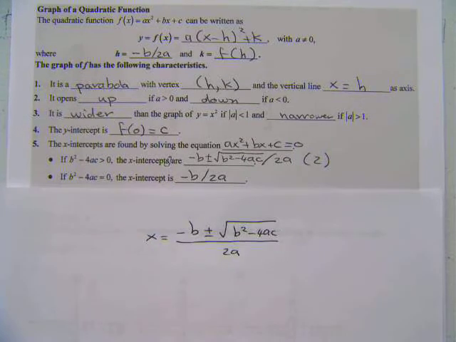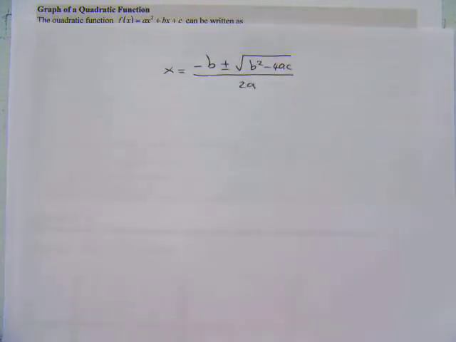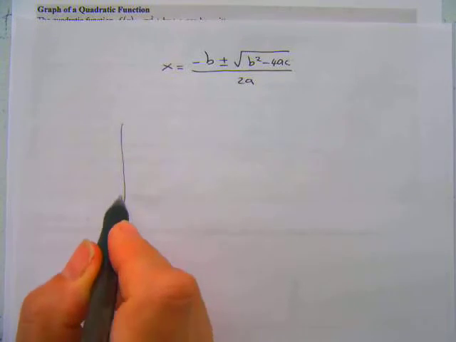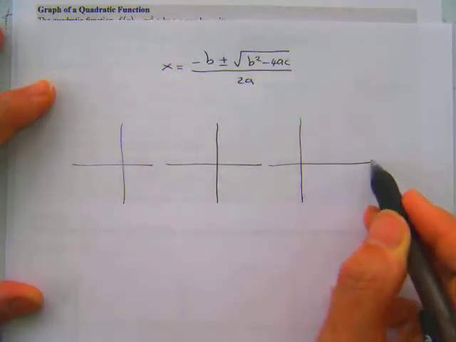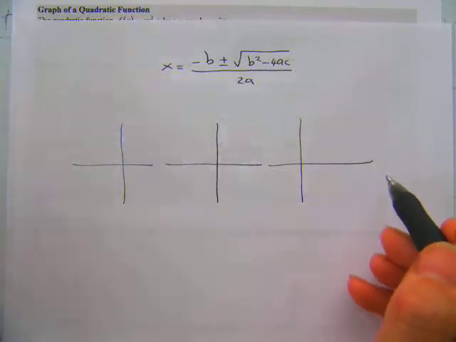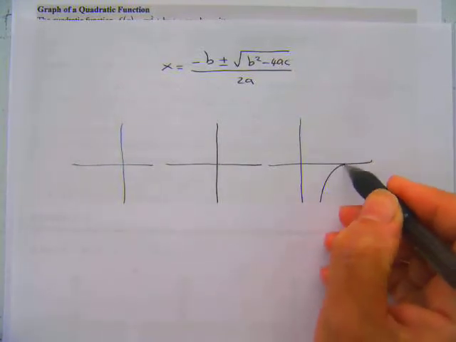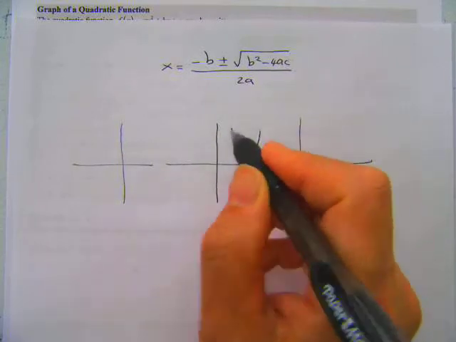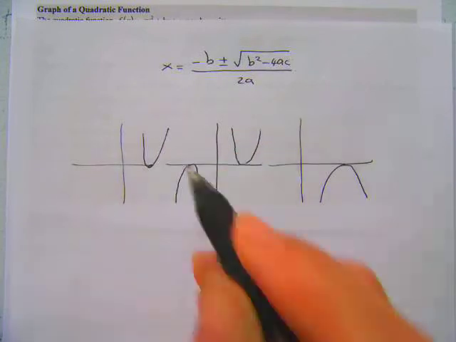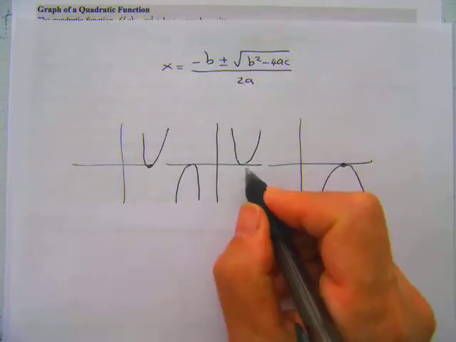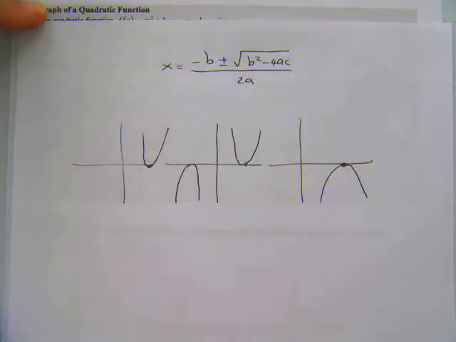But I want to discuss this situation. How can you have a parabola that intersects the x-axis in only one point? Well, that point has to be the vertex, right? That's the only way. Look, these are all the situations. The vertex has to be your x-intercept. Wait a minute.